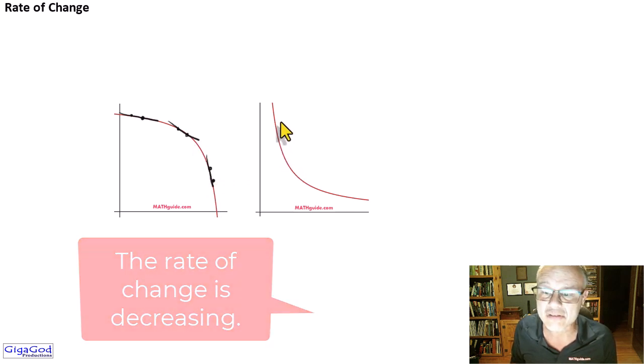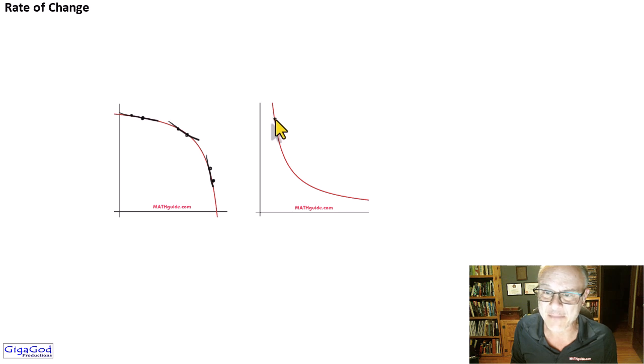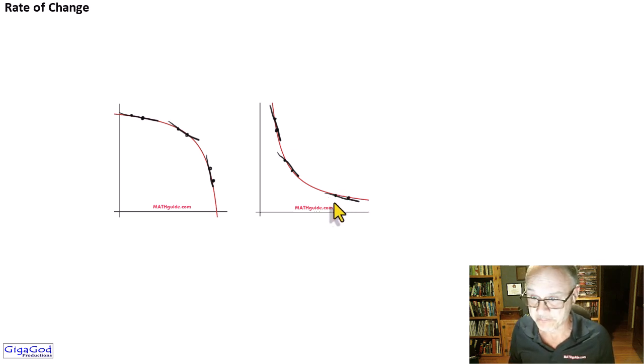All right, over here, let's grab this guy. I'm going to grab these 2 points next to each other, connect them. That's a very negative slope. I go over here, grab these 2 points, connect them, and I have a less negative slope. And over here, if I grab these 2 points, connect them, I have a slope that's close to zero.